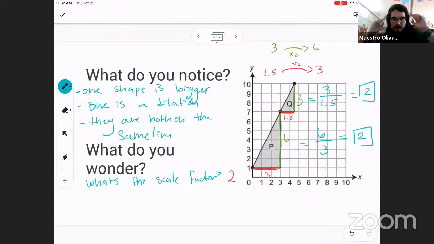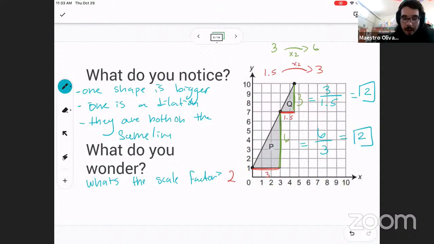So let me get this straight. Let me just restate. These two triangles are on the same line. And when we find the slope, when we take the ratio of the height and the run, they give us the same number.